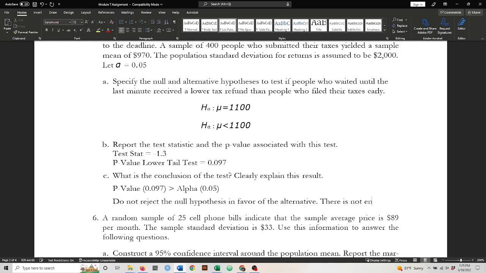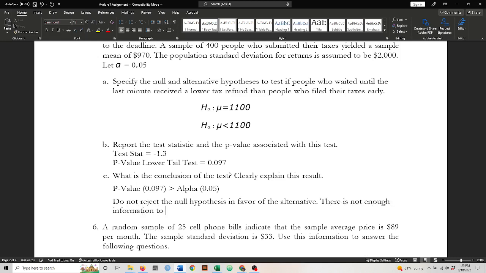There is not enough information to suggest that late filers receive an average refund below $1,100. There's a lot of technical language in here, right? Because we do not reject the null, that's our result that we have here.